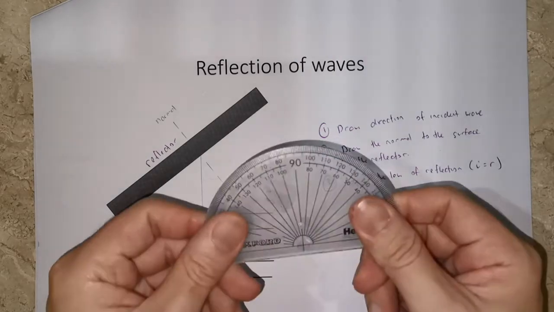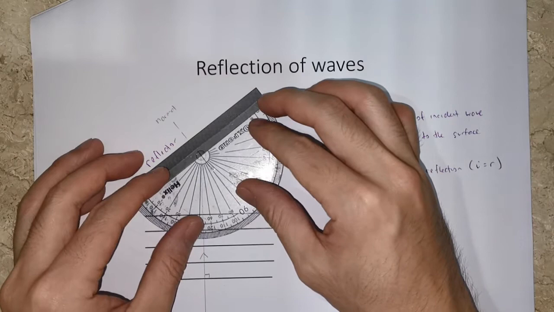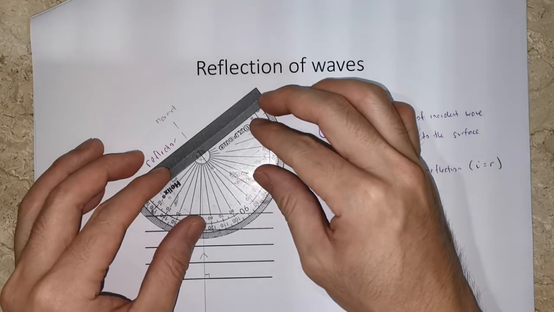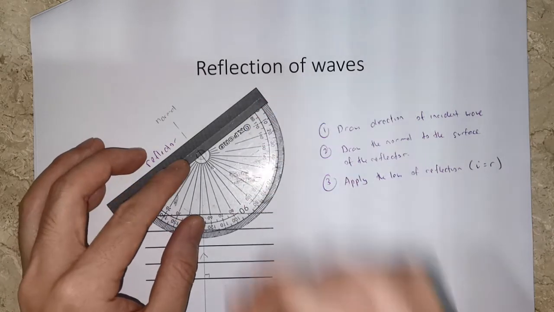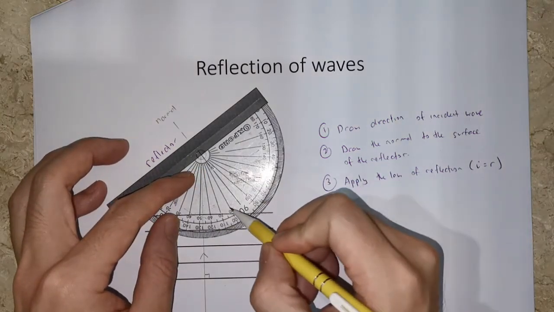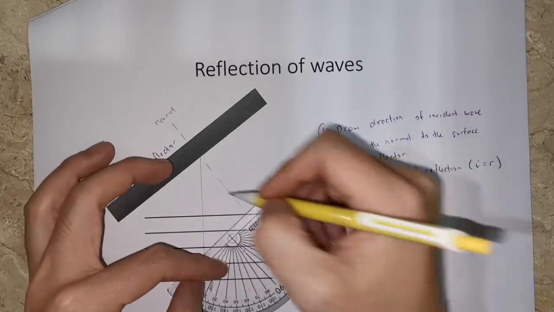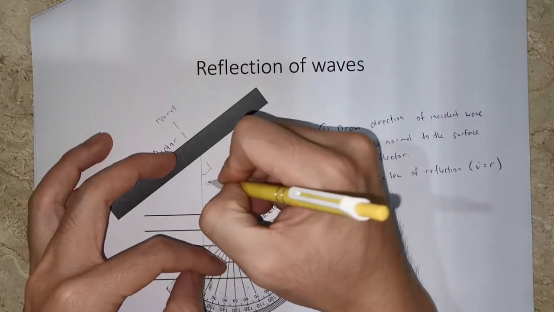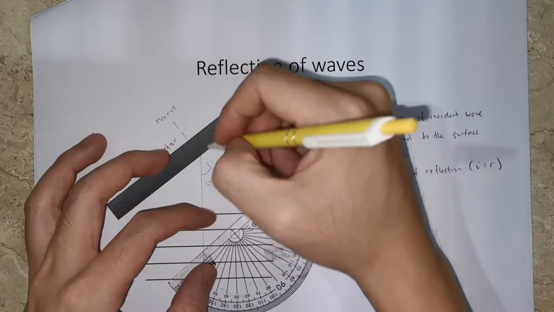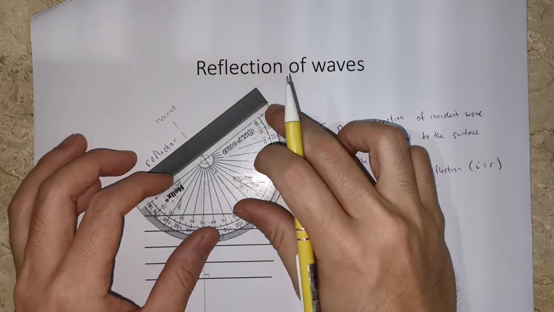To do that, the protractor comes into play. We measure the angle right here. In this case, 10, 20, 30, 37. So this is 37 degrees. That means I will need an angle of reflection of 37 degrees.